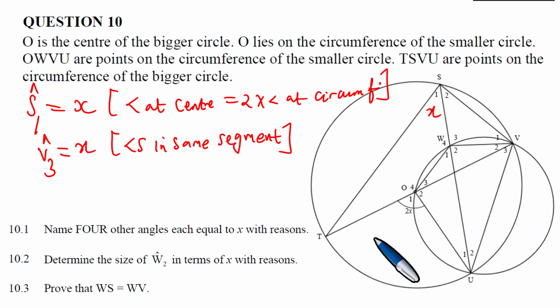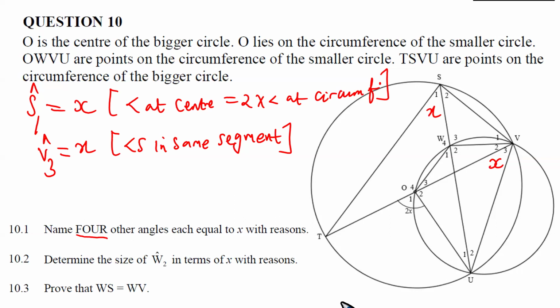Next. The examiner is saying there are four of them. So we're missing two more. So you can see that V3 is also X. The examiner is saying, hang on, students, there are two more. Can you find them? I think I see W1. Well done. Brilliant. I agree with you, Tando.